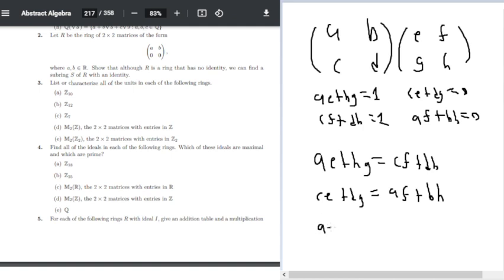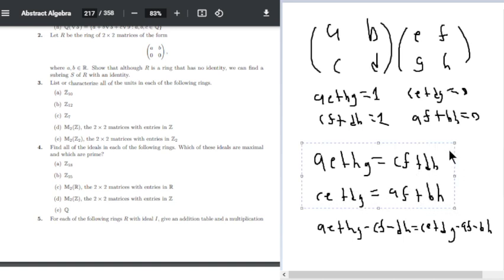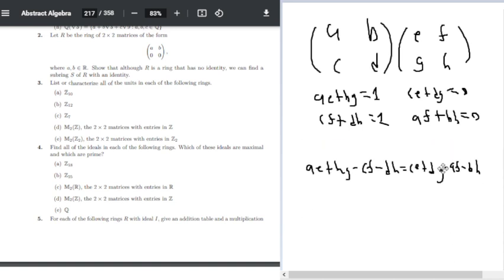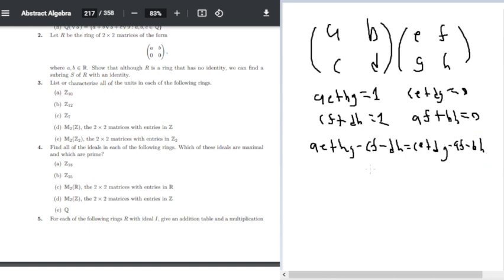So we have that AE plus BG minus CF minus DH is equal to CE plus DG minus AF minus BH, which is simply subtracting these to the sides and realizing they both evaluate to 0. Oh, this might be very strange indeed.